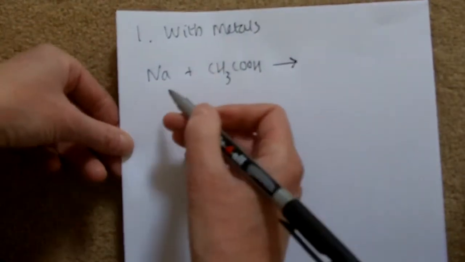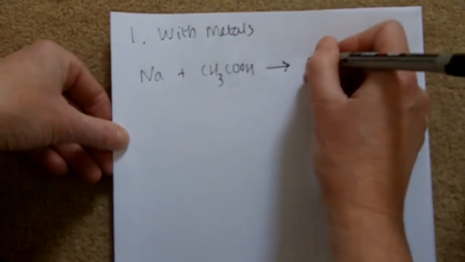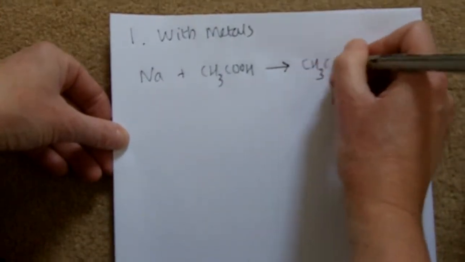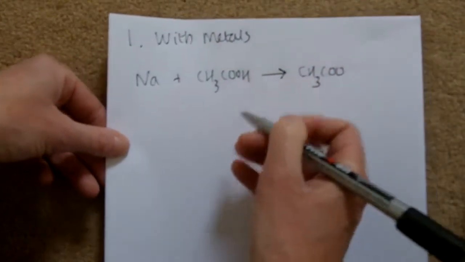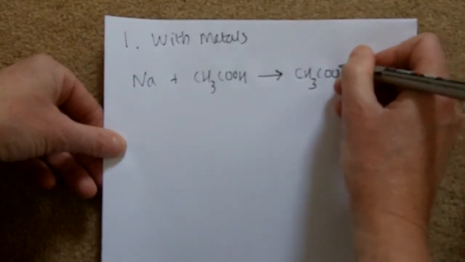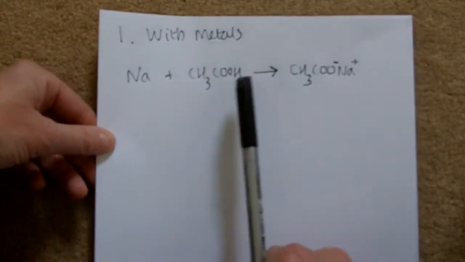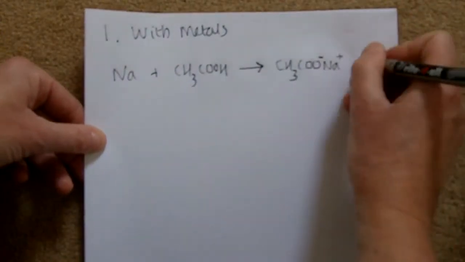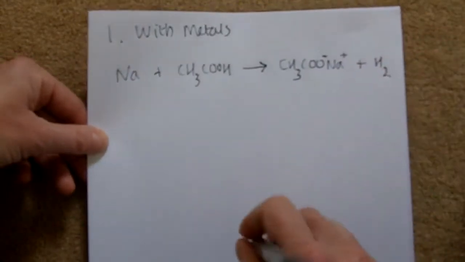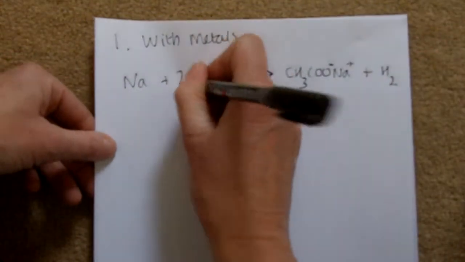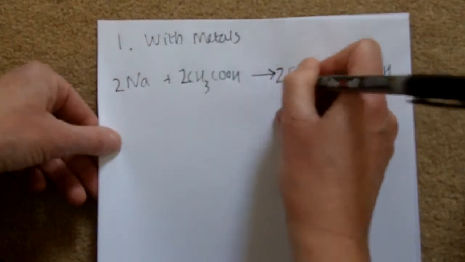An acid and a metal makes a salt. So the H plus comes off, and then the Na plus. You don't have to show the minus and the plus. Metal and an acid gives a salt plus hydrogen gas. So we're going to need to times by 2.